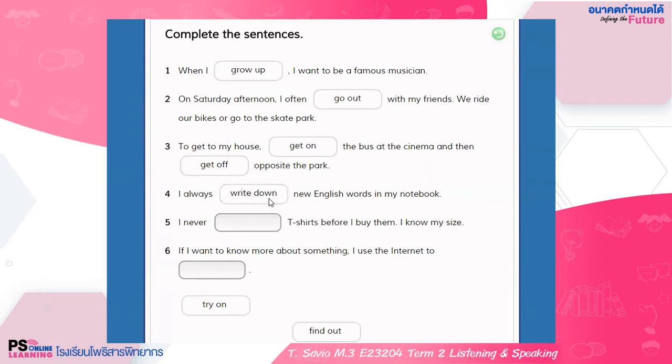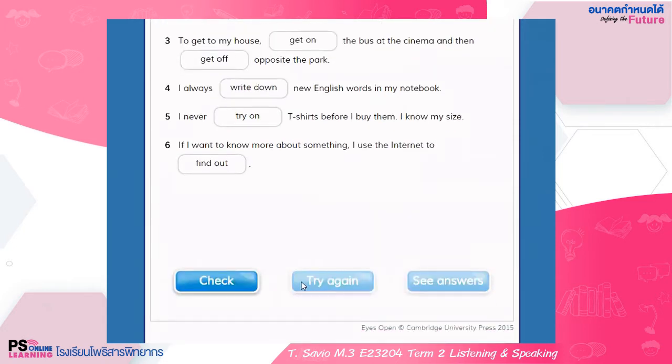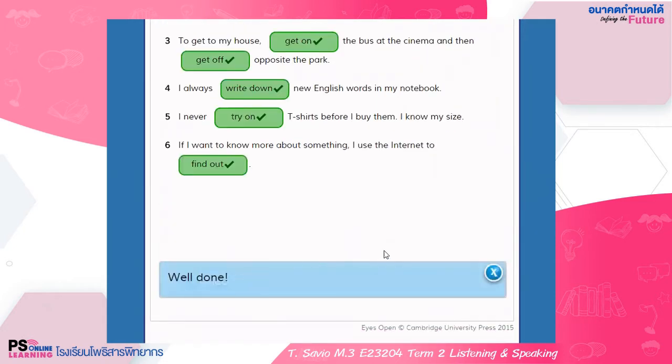Number 5, I never try on t-shirts before I buy them. I know my size. And number 6, if I want to know more about something, I use the internet to find out. Let's check our phrasal verbs here. Well done.